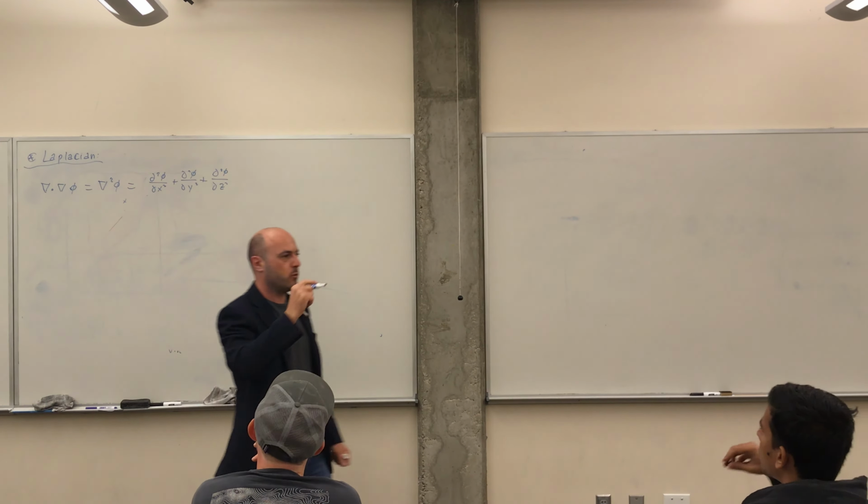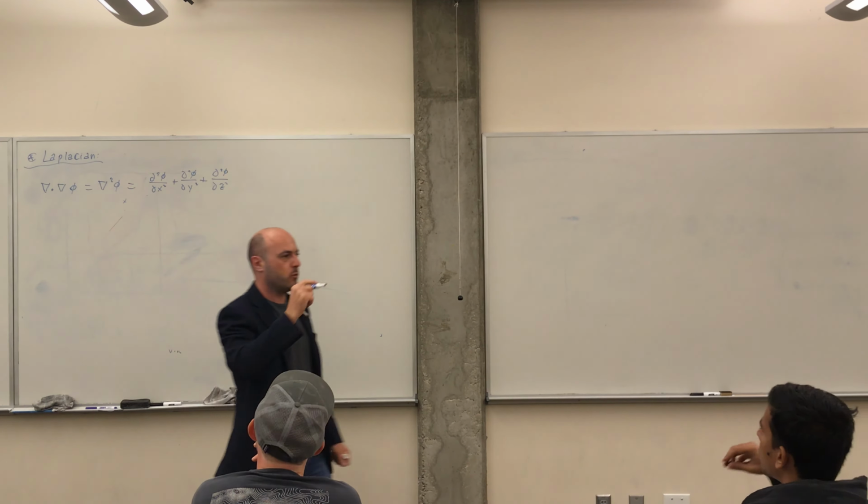Okay. Now we're going to talk about gradient of a scalar, gradient of a vector. So this is just going to be a bookkeeping issue. We're putting two vectors next to each other, grad u.